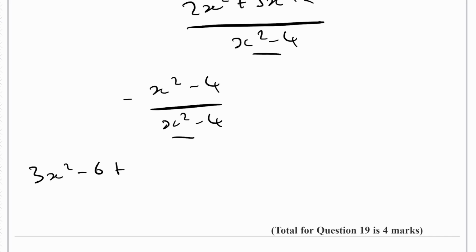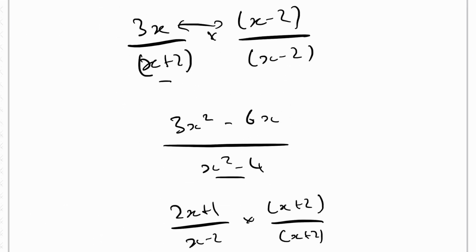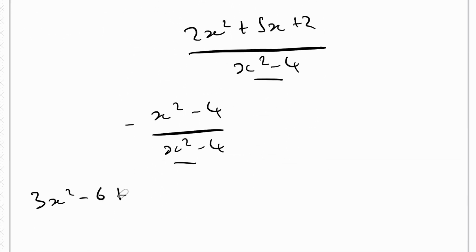It is actually you're minusing one from the other, so this should be minus 2x squared minus 5x minus 2. And the last one is minus x squared minus 4. And that's your big long numerator that you should get. In fact, just be careful here because this is a minus, and so it will be minus x squared plus 4 because you're minusing a minus. If you write it out like this, then you should write it with a plus 4.